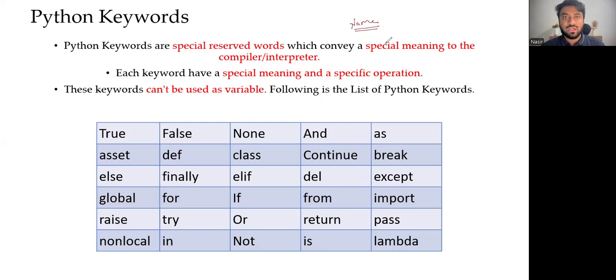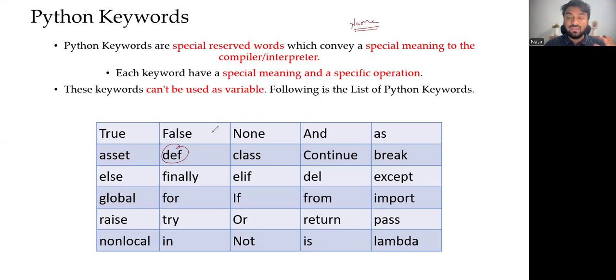Same thing in Python: we have a certain set of words which have a predefined meaning for the Python interpreter. If I say else, Python will understand that there is a specific logic behind that. If I say def, Python will understand that we are starting to define a function.